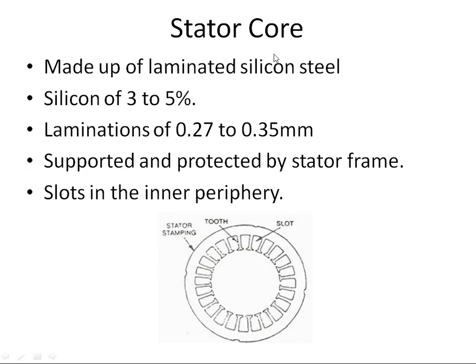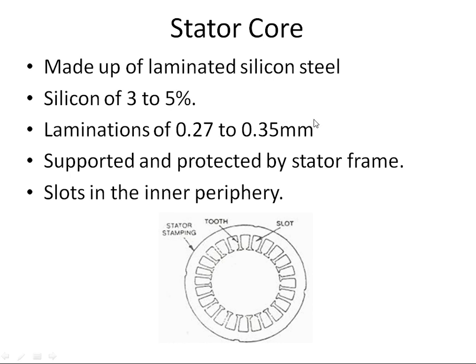So the stator core is made up of laminated silicon steel, where the laminations have a thickness of 0.7 to 0.35 mm to reduce the eddy current loss. And to reduce the hysteresis loss, the steel is added with 3 to 5% of silicon to get the best property. Of course, there are two types of processes in which these laminations are manufactured.